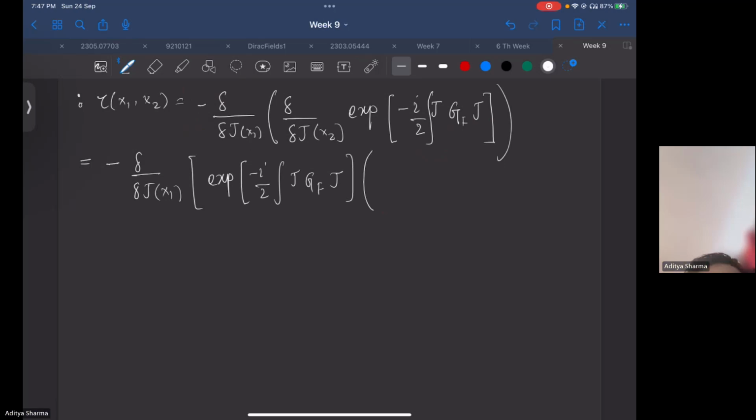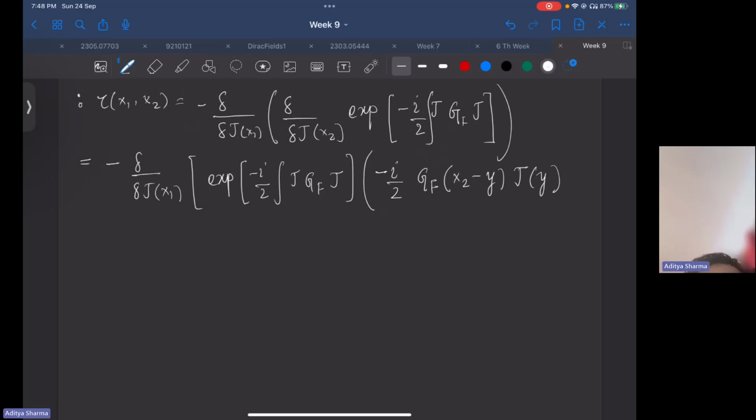Okay. And the first differentiation we are going to do over this J will give you minus i by 2 GF of x2 minus y g of y. All right.